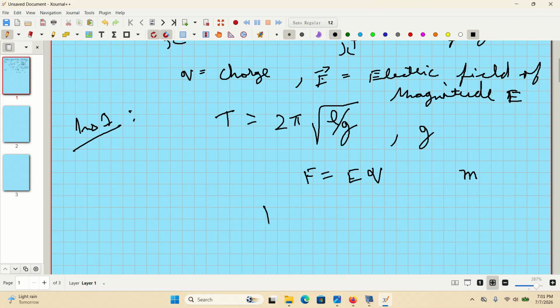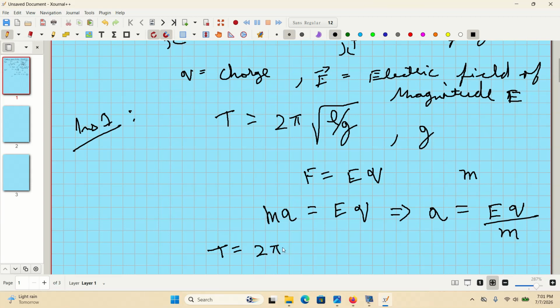So mass times acceleration is equal to EQ, where E is the magnitude of the electric field. From this we get a equal to EQ by m. We put this into our formula and we get 2 pi root L by (EQ by m), that is, 2 pi root Lm by EQ.